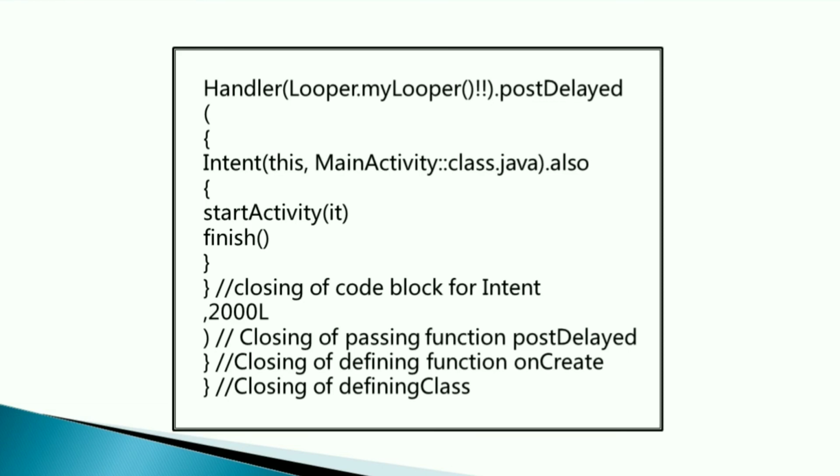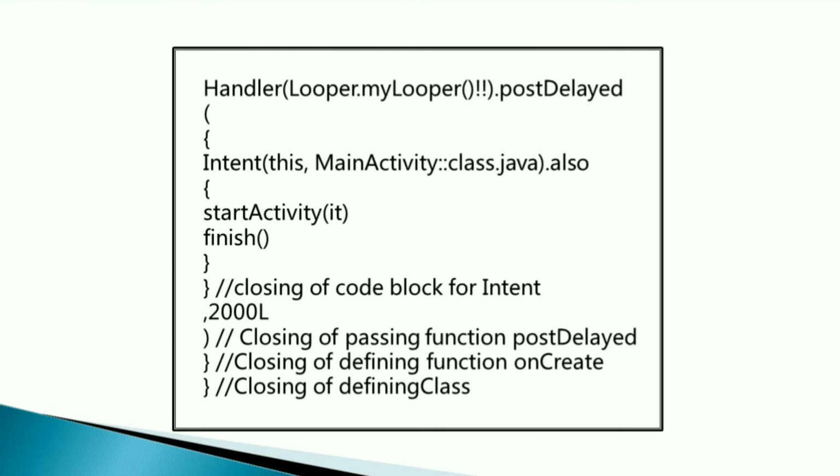Now we have to pass argument for second parameter for the method postDelayed. As seen earlier, second parameter is the delay in milliseconds until the runnable will be executed. This value will be of type Long data type. For second parameter, we are passing 2000L as argument.